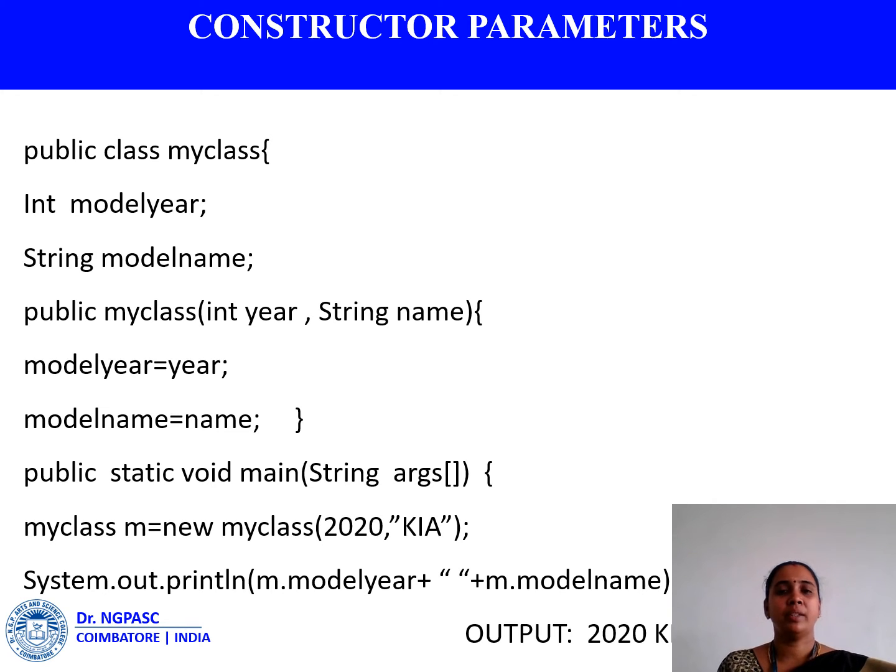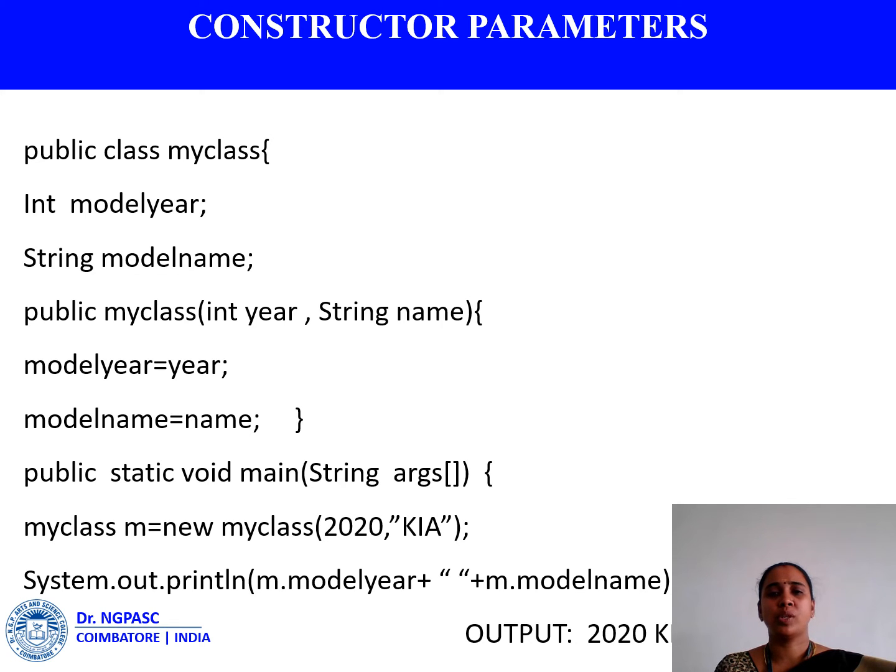After completing the constructor, let me come to the main method. Inside the main method, I'm creating an object for the class. There is no doubt that while creating an object for a particular class, the constructor will be automatically invoked. Here we didn't create an empty constructor. We have a parameterized constructor with two parameters. One is an integer value and another one is a string value. So the constructor will be called automatically.